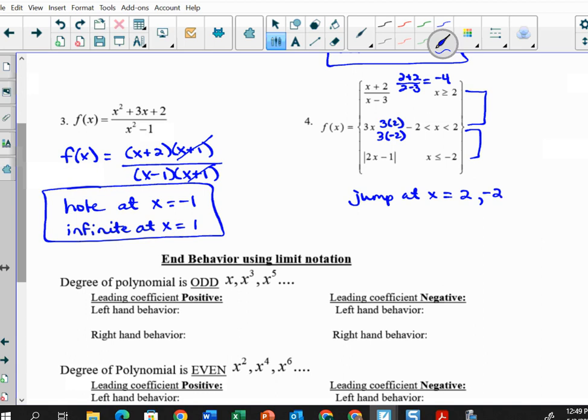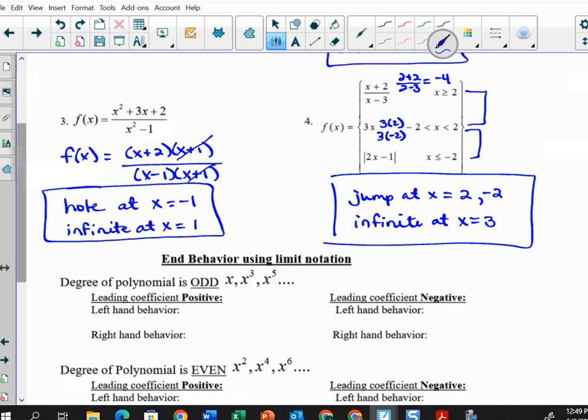Did you guys find the third discontinuity? Yeah. Yep, so infinite at x equals 3. Now, just because that top piece had a fraction didn't mean we'd have an infinite.